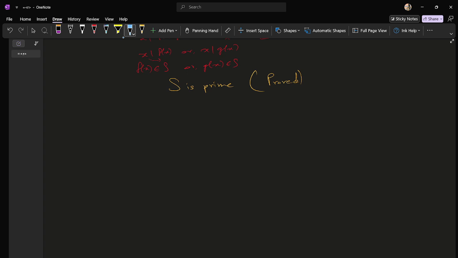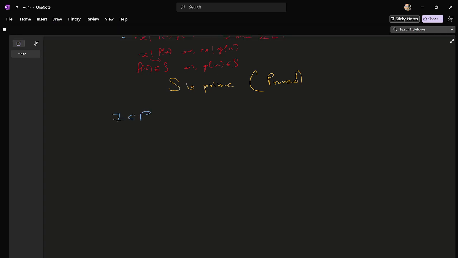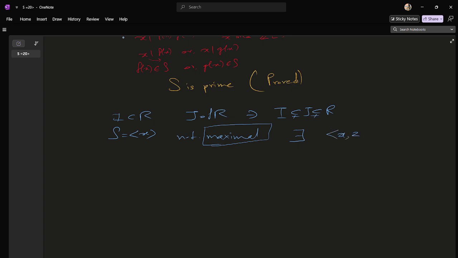An ideal I in a ring R is maximal if there are no other proper ideals J of R such that I is properly contained in J. Now the ideal S is not maximal, because there exists a larger proper ideal of Z[x] containing S.